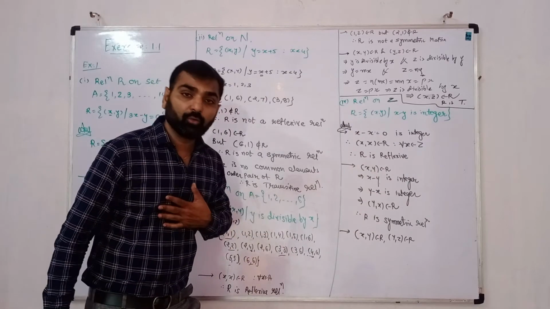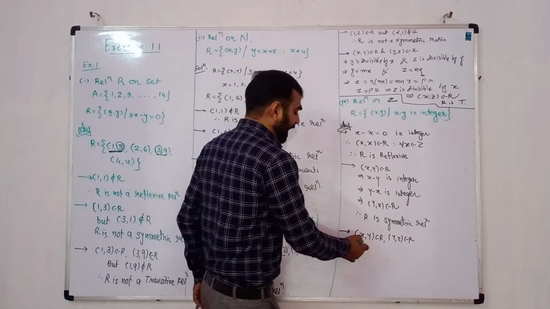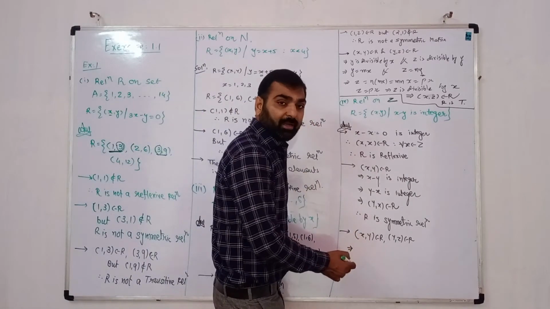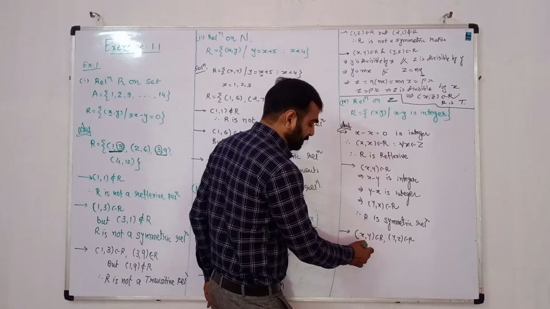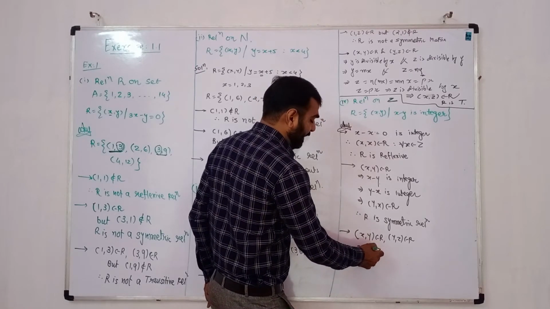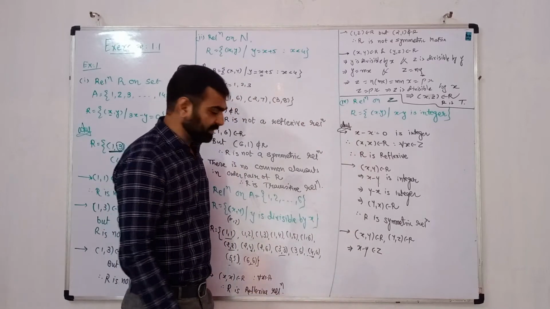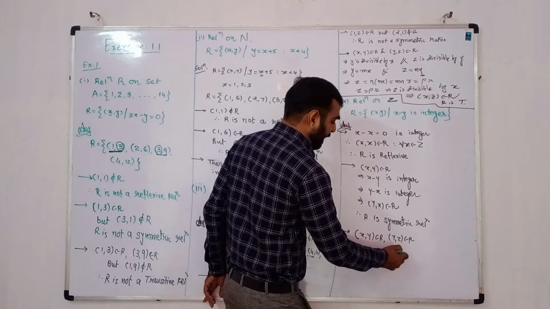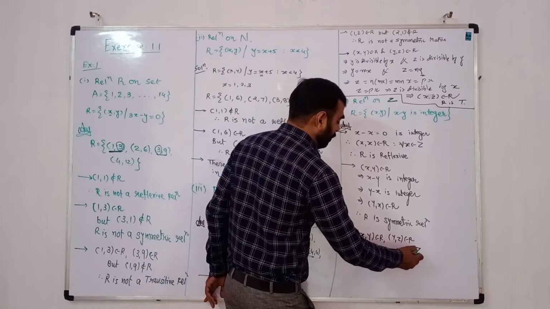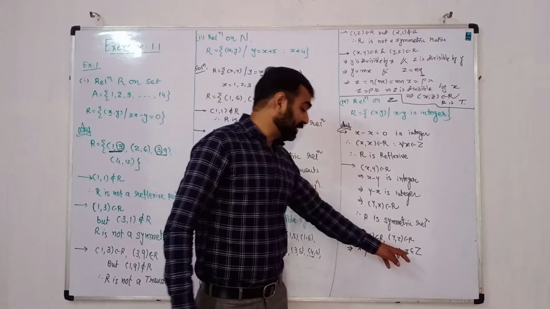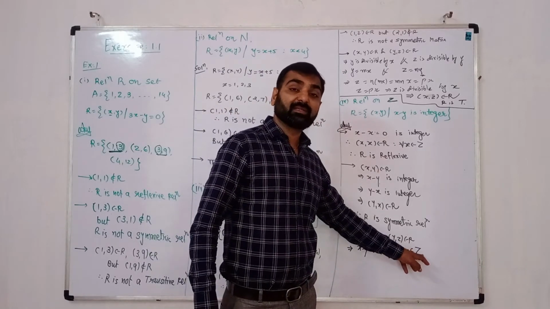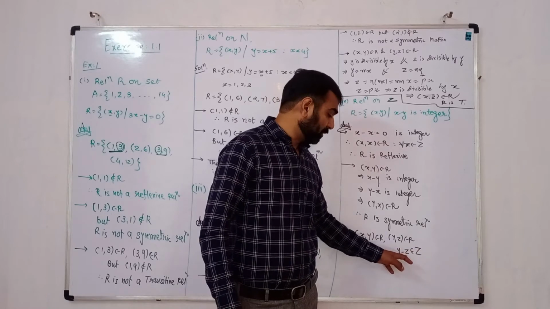Now using these two, xy belongs to R, so x minus y belongs to Z, an integer. Similarly y minus z belongs to Z. This one is an element of Z and this one is the set of integers, both are not the same.